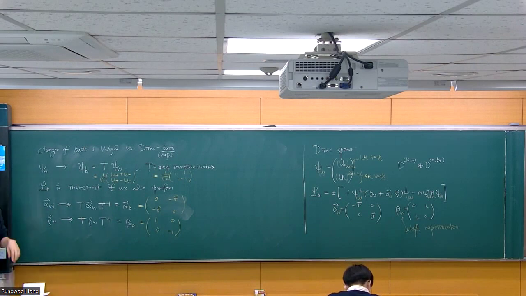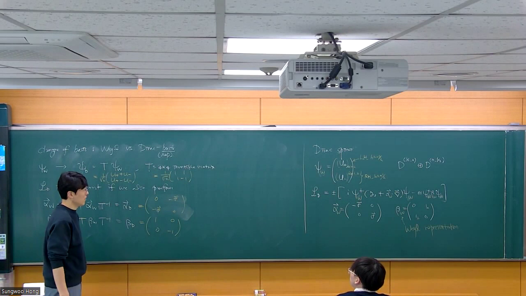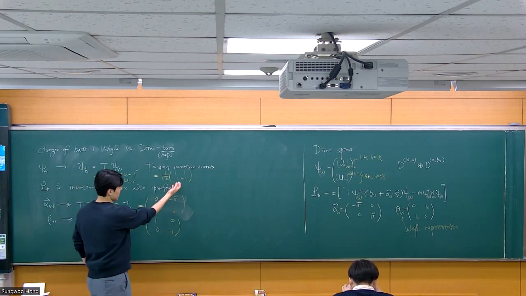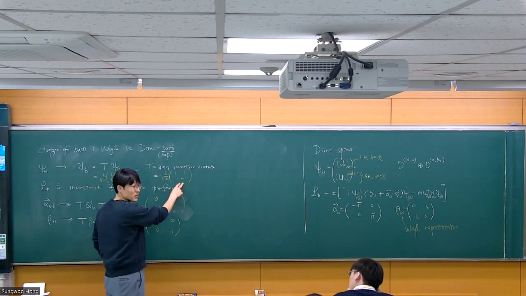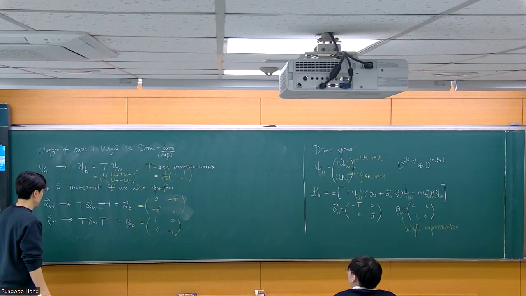Professor, I have a question. In the Lagrangian we use the Hermitian conjugate of the field, but in the transformation you use T inverse, not the Hermitian conjugate. Right, but this is also Hermitian too, so no problem in the derivation.